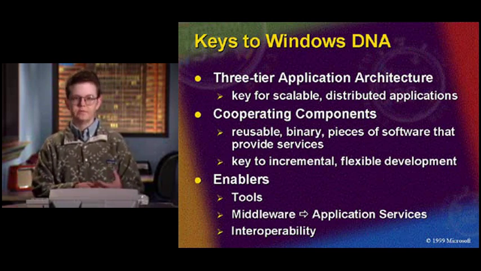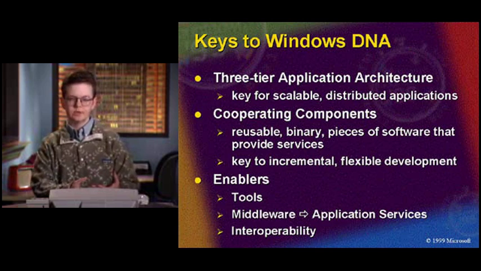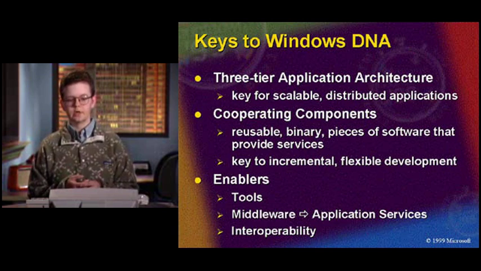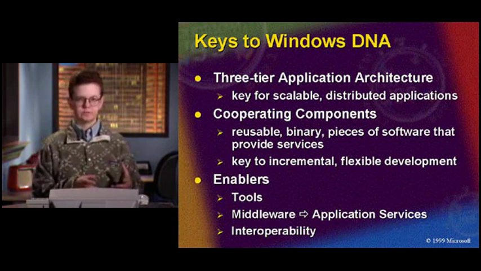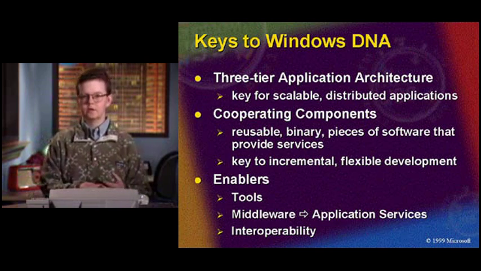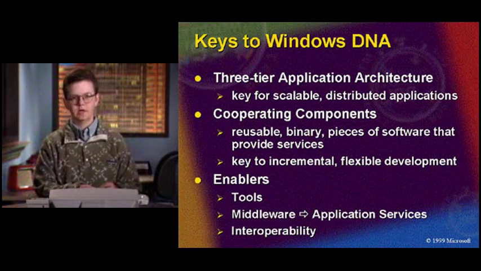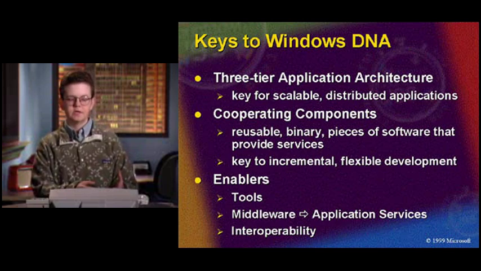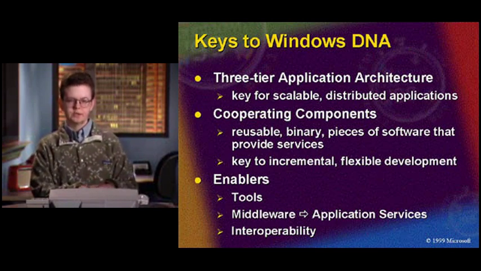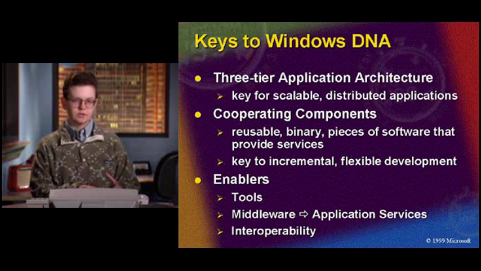You also need to have these middleware services that you can depend on, things that give you transactions or security support, or other things that you don't really want to write because they're part of the system that you need to rely on and don't really have anything to do with your application logic. And finally, it's very rare that you'll have an application that can exist without having to talk to anything else. So we want to be able to interoperate with your existing data and your existing applications. And there are technologies in Windows DNA that can do all of that.